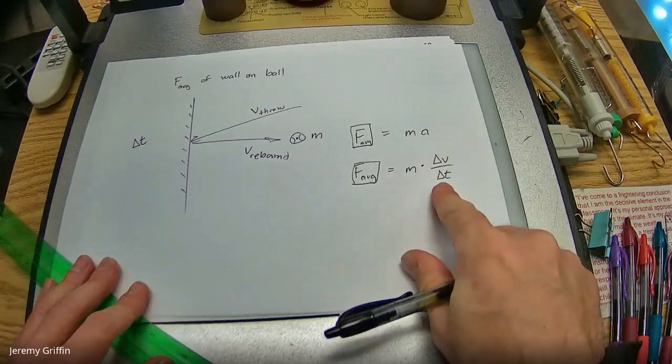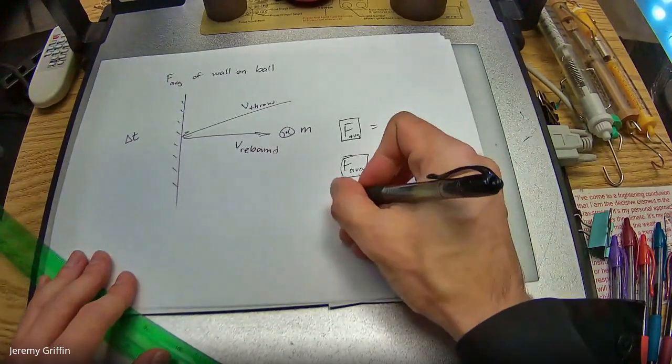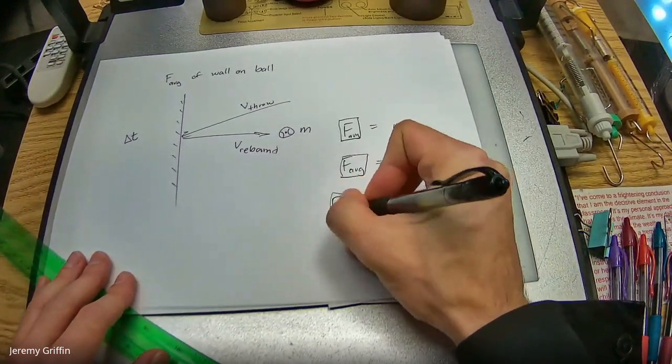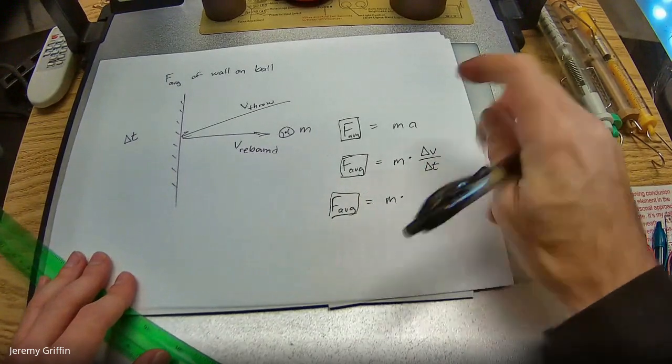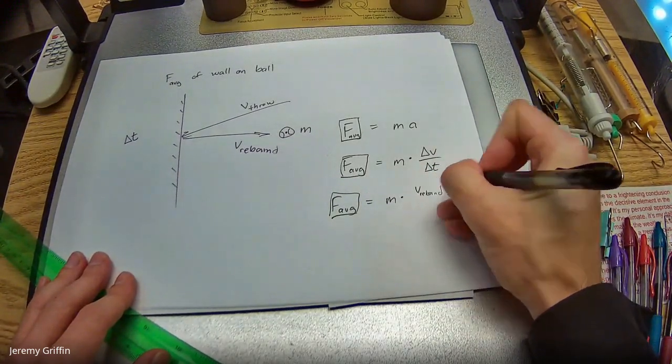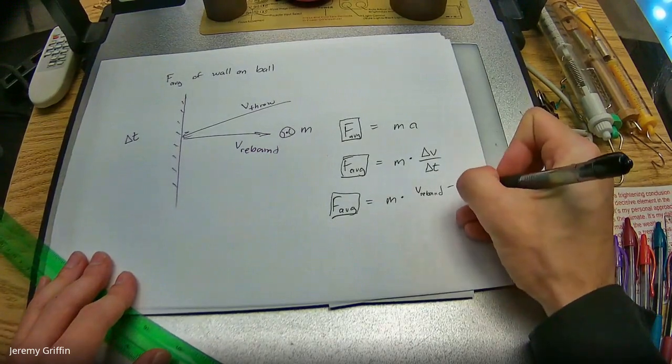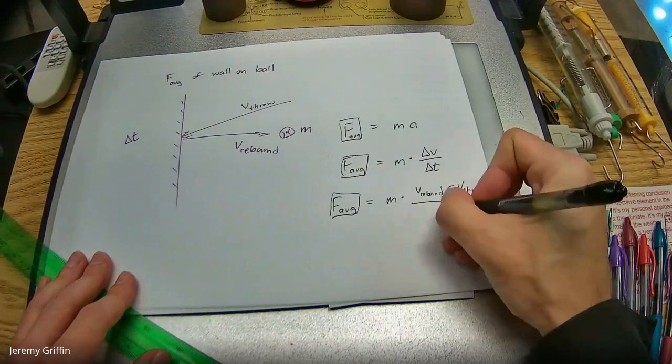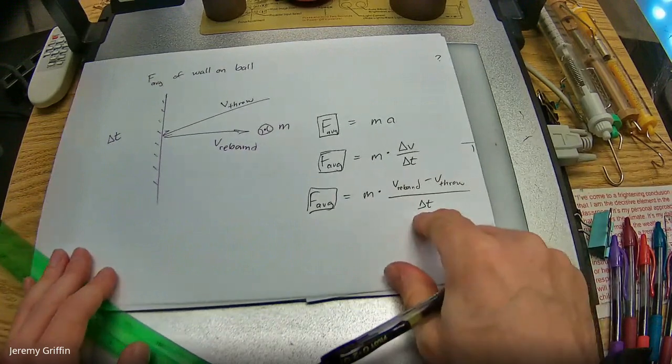Okay? And that is going to be mass of the ball times, I'll say V rebound minus V throw all over time interval. Like that. Okay. There you go.